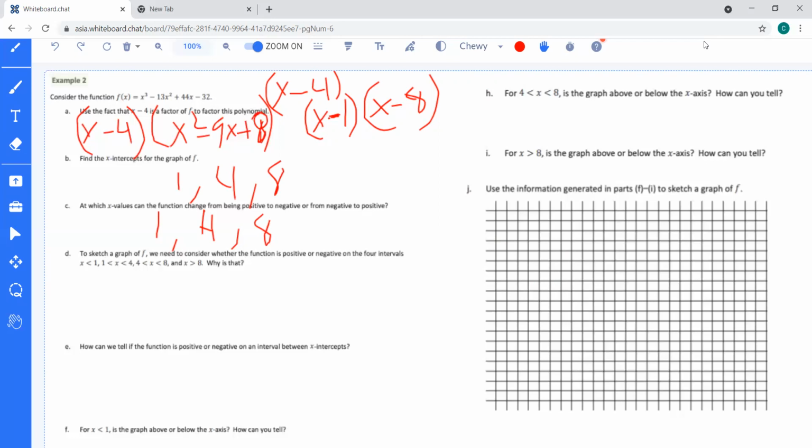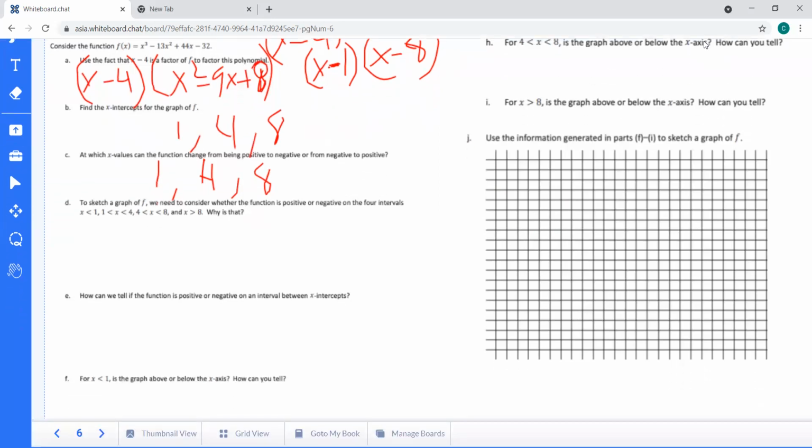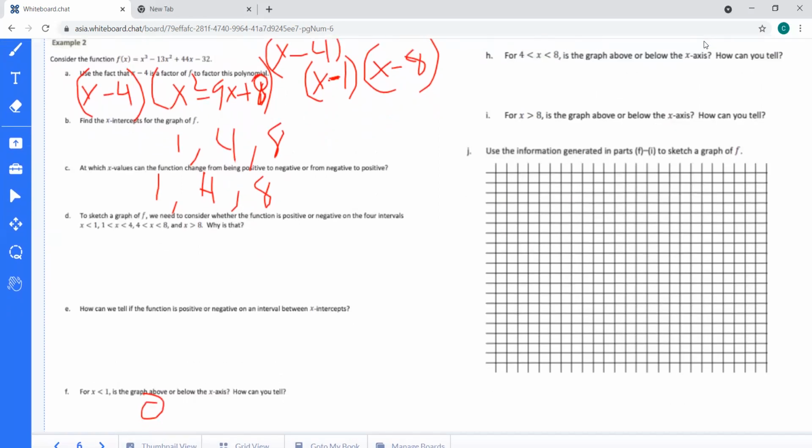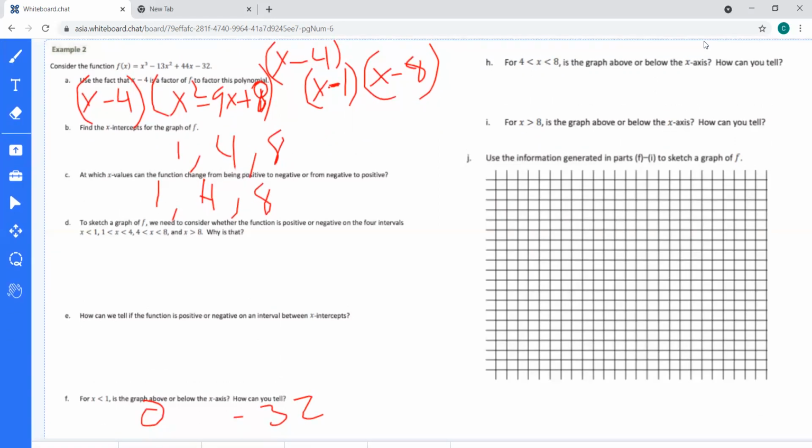It says for x less than 1, is the graph above or below the axis? Well, if it's below 1, let's just use 0. Let's plug 0 in. If we plug in 0 into the original function, it's going to leave us with a negative 32, right? We plug 0 in for all those x's. So it's going to be negative.